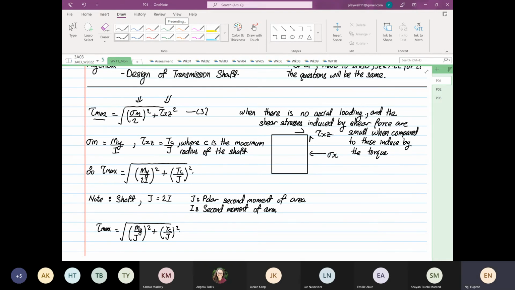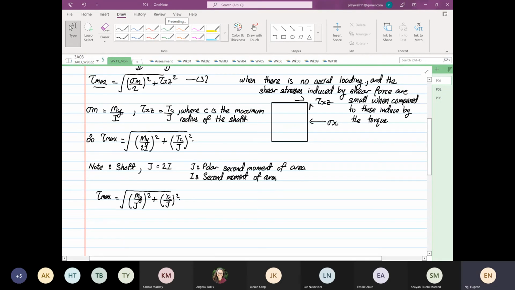Then I want to draw your attention to the normal stress distribution and shear stress distribution. So what we are dealing with now is a shaft. This is the cross-section view of a shaft.